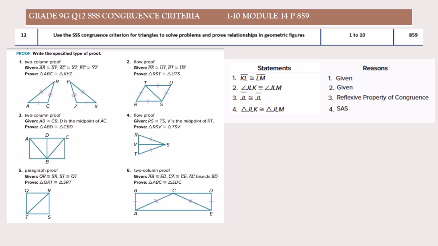As I said earlier on, they ask you for statements and they ask you for reasons. So go through each example, see what is given, write your given and write your proof at the end, and in between fill in the important information which you find after looking at what is given to you.